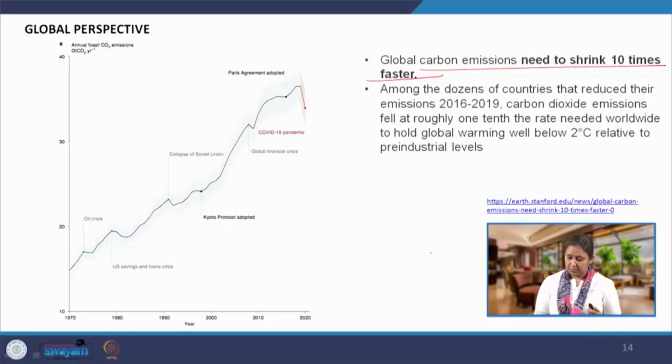We are not achieving even that commitment, but if we really have to reduce the global warming, we have to increase the pace 10 times faster of sequestering the carbon emissions.